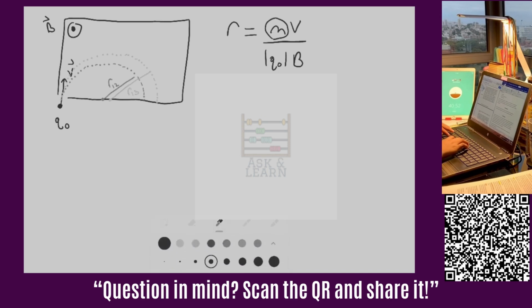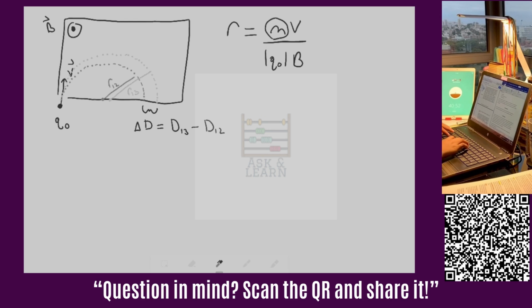Ultimately, we're looking for this separation here, the difference between the two diameters of our different circles. If we take the diameter of our carbon-13 circle and subtract it from the diameter of our carbon-12 circle, we're going to get the separation between the two isotopes in our mass spectrometer.